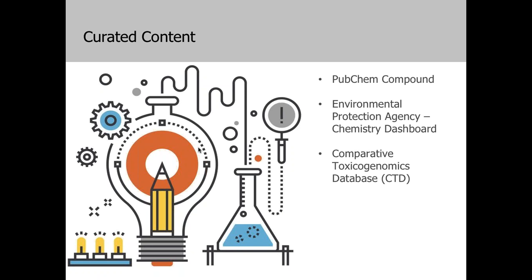We've also added what I call curated content, and these are large collections that are available somewhere else. A good example would be the PubChem compound database. PubChem is really two different databases: the compound database, which holds unique substances or compounds, and the substance database, which allows external parties to submit records for chemicals.